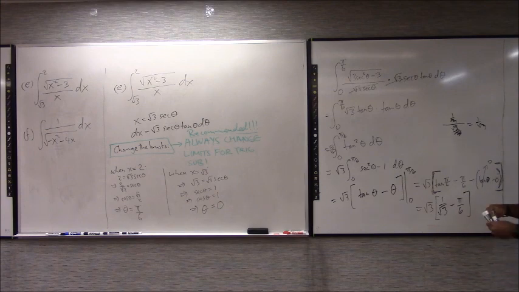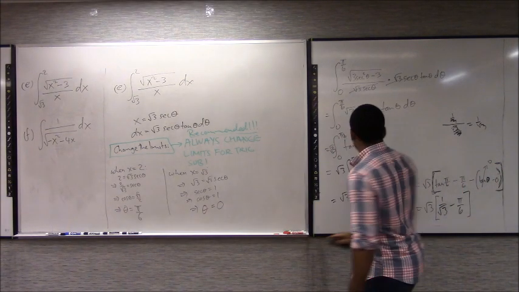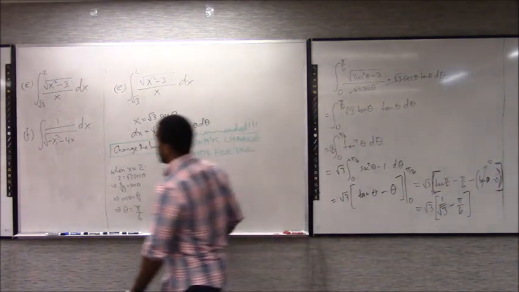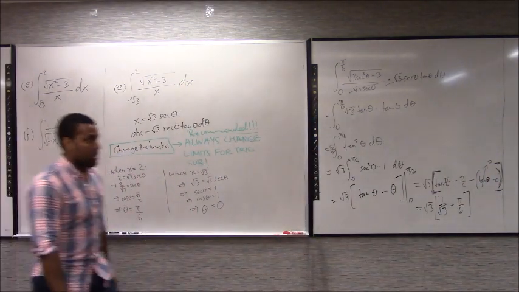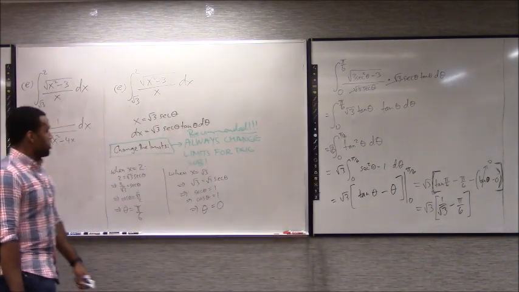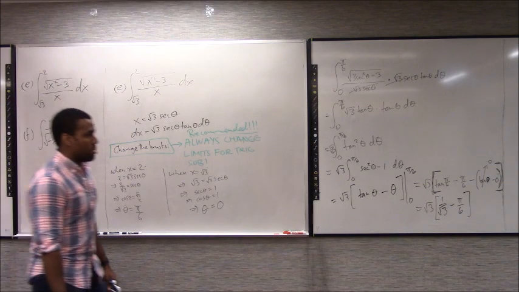You guys need to remember all that stuff, really. You're gonna die when we hit polar coordinates if you don't remember all that stuff. You really need to go back over your trig. Know all the special angles, know all the graphs, know all that good stuff. So that becomes that.